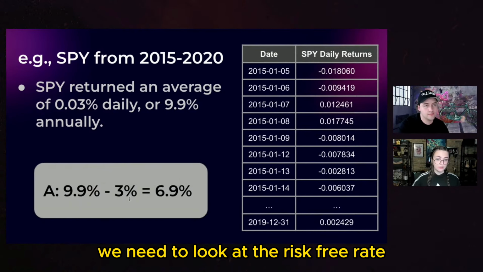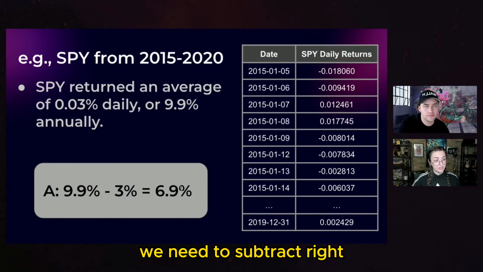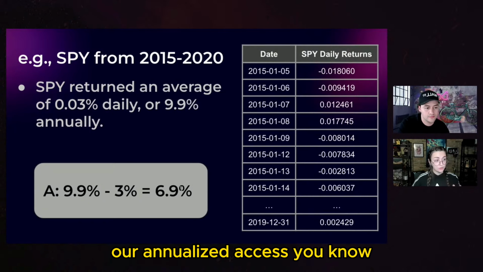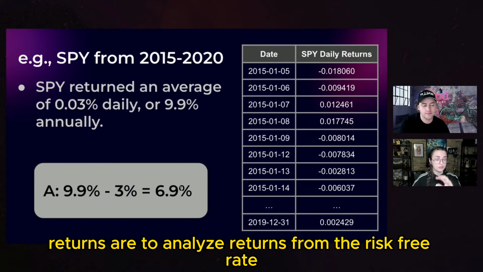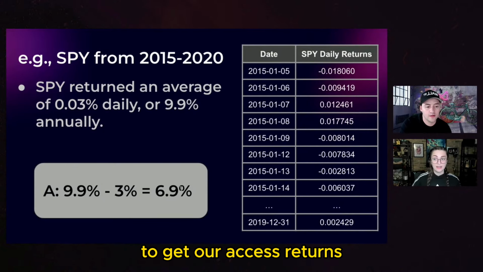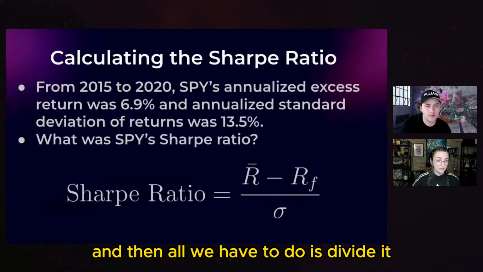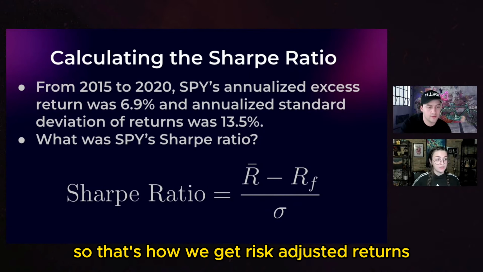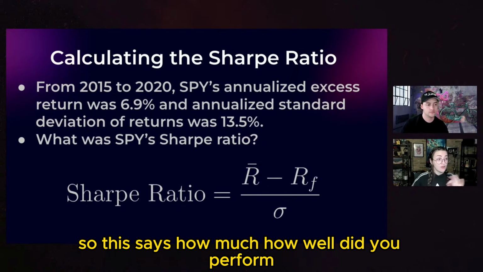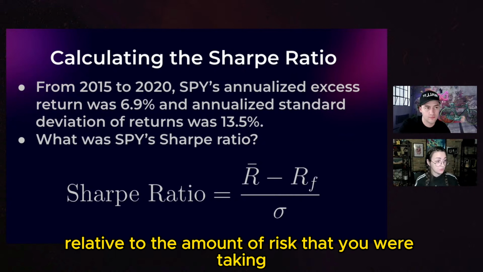We need to look at the risk-free rate. We need to subtract our annualized returns from the risk-free rate to get our excess returns. And then all we have to do is divide it. And that gives us a Sharpe ratio. So that's how we get risk-adjusted returns. So this says how well did you perform relative to the amount of risk that you were taking?